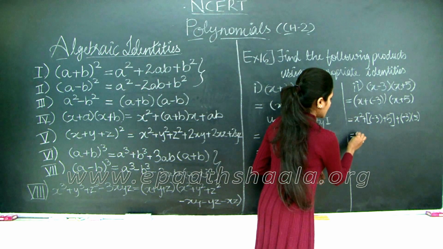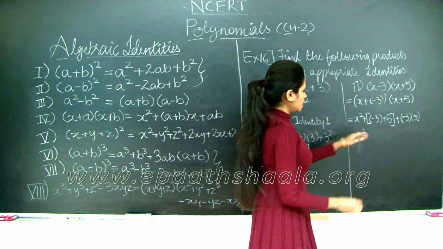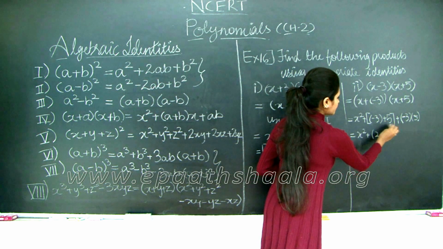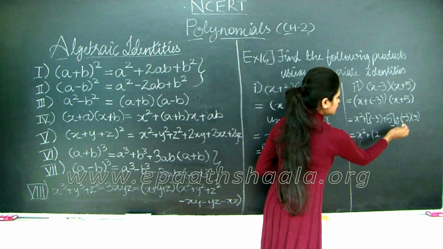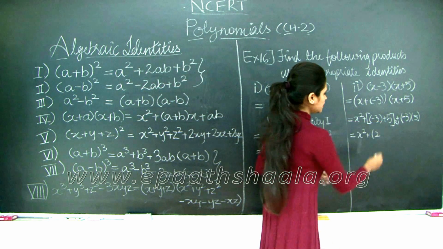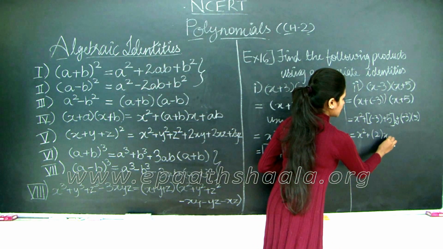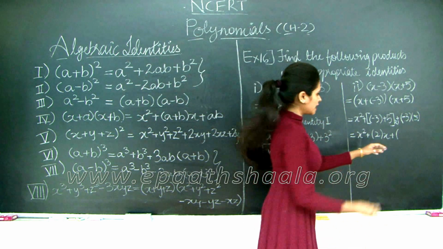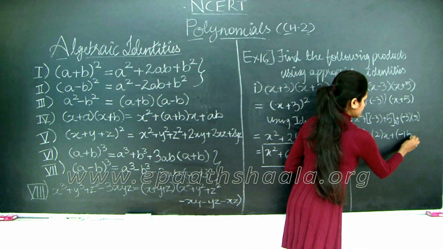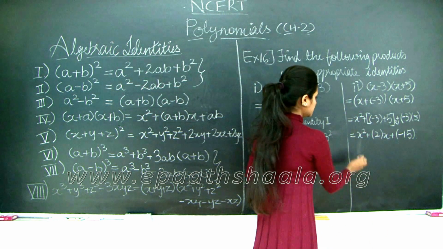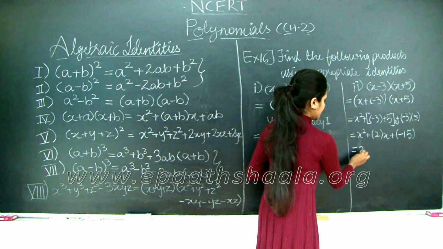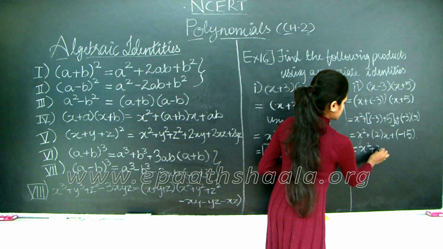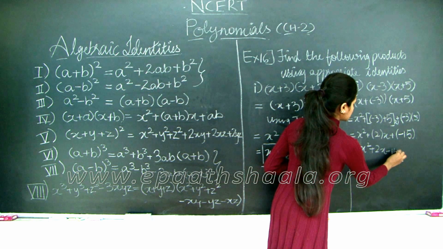So I get x square plus minus 3 plus 5 gives me 2. Here I missed out an x over here. A plus b into x, right? So 2x and plus minus 3 into 5 gives me minus 15, right? So opening the brackets, I get x square plus 2x minus 15.